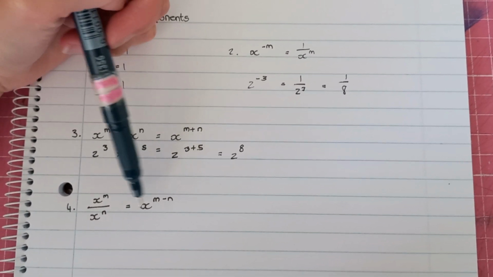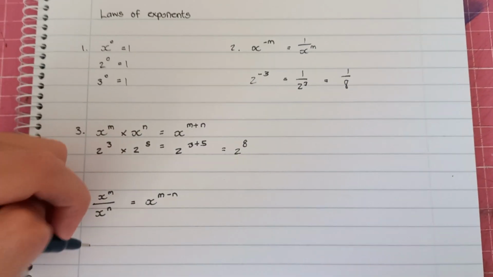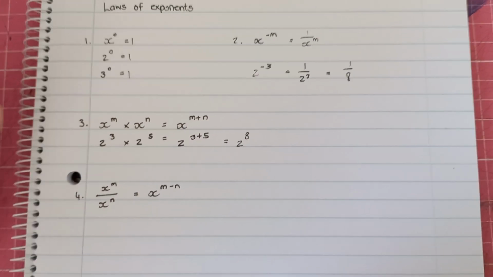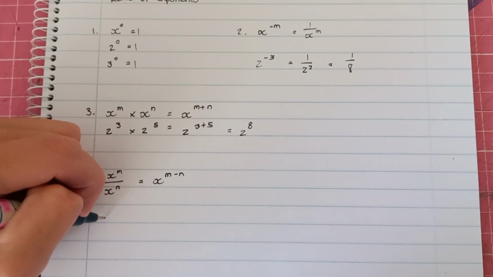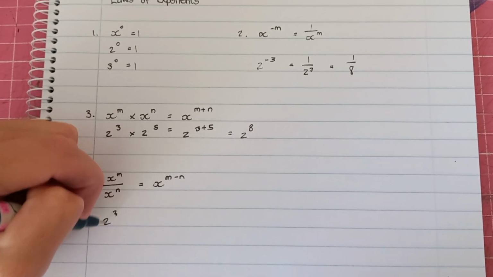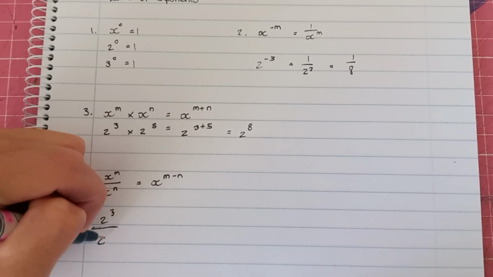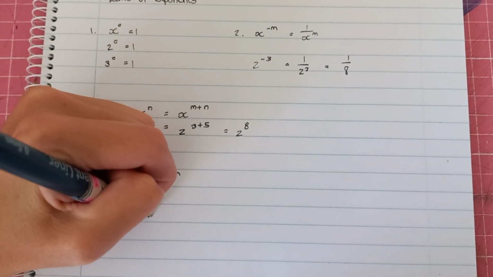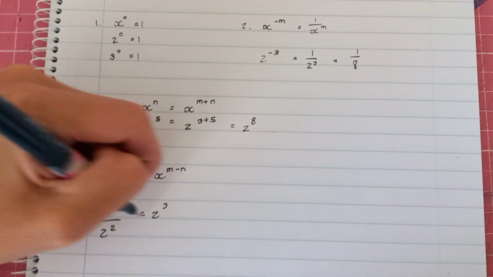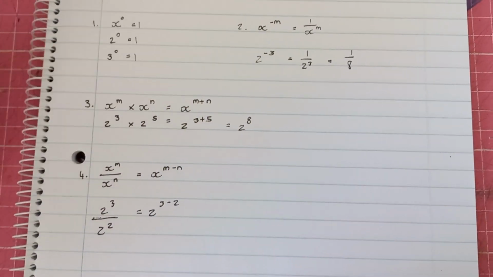When it's the numerator, its sign changes. Okay, so to provide an example for that, if you had 2 to the power of 3 over 2 to the power of 2, it would become 2 to the power of 3 minus 2.